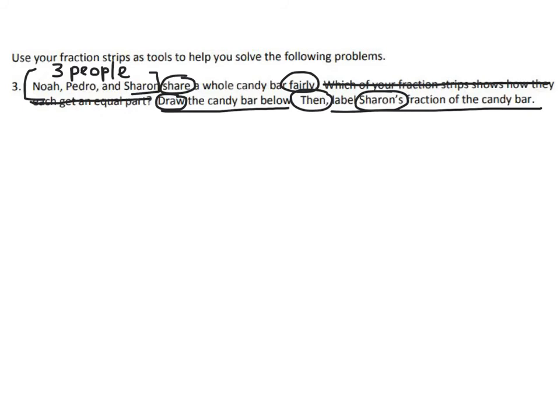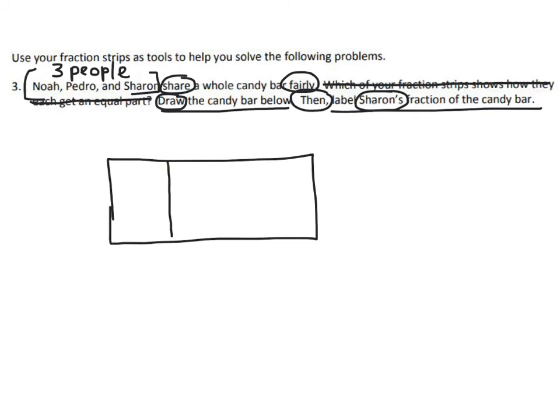So now that you've completed the problem, I'm going to go ahead and show you how to solve it correctly, and I want you to check your work with mine. So first I'm going to draw the actual candy bar. Here's the candy bar, and this candy bar is split between Noah, Sharon, and Pedro, and I tried to make them as equal as I could.